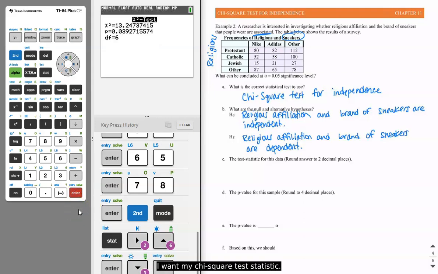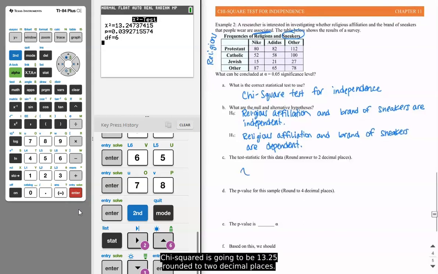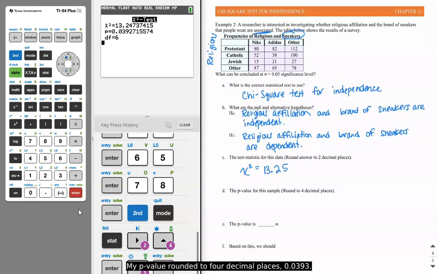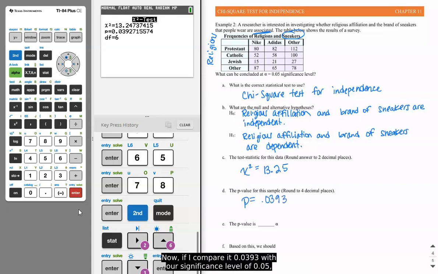And so my chi-square test statistic is going to be 13.25, rounded to 2 decimal places. My p-value, rounded to 4 decimal places, is 0.0393. Now, if I compare 0.0393 with our significance level of 0.05, the p-value is less than alpha.